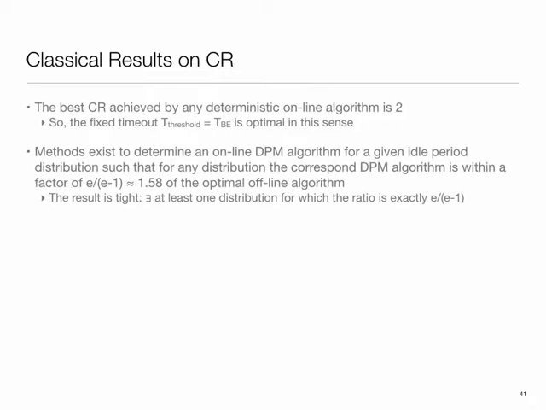Again, this has nothing to do with power management. So in that sense, threshold equal to T breakeven is an optimum algorithm. It's the best one can do if competitive ratio is the measure.